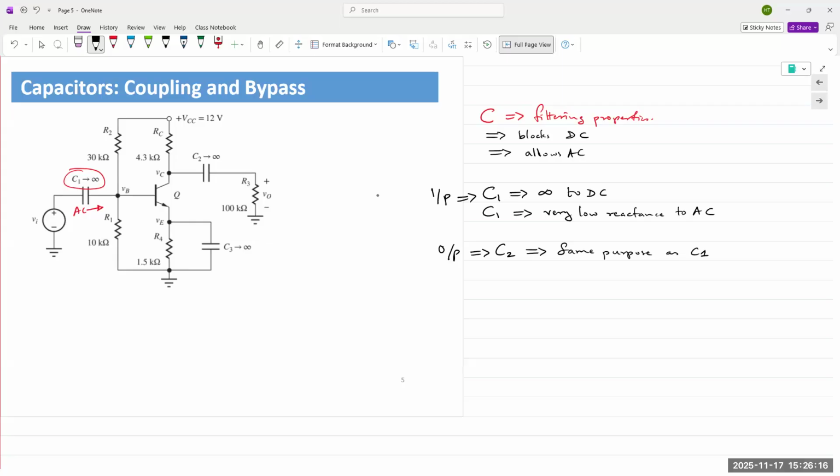What about C3? What do you think C3 is doing? We didn't have C3 in Lab 8 either. It's filtering, yes.